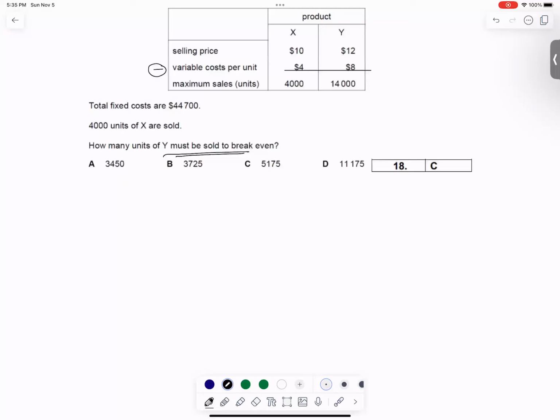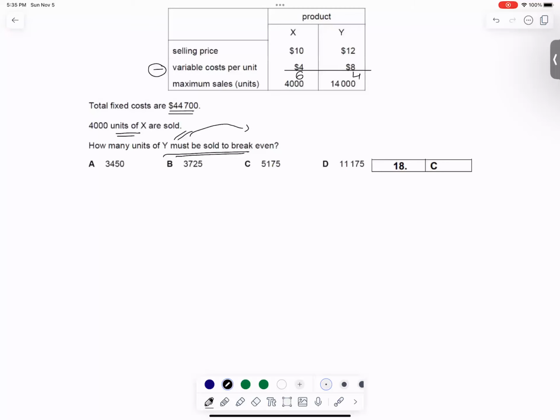Contribution per unit for X is 6, and for Y it is 4. Total fixed cost is 44,700. 4,000 units of X are sold. How many units of Y must be sold to break even?